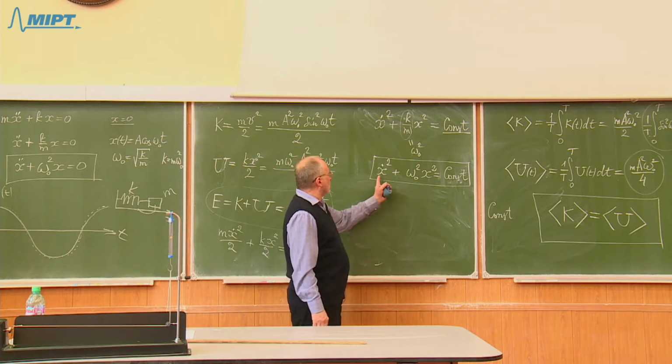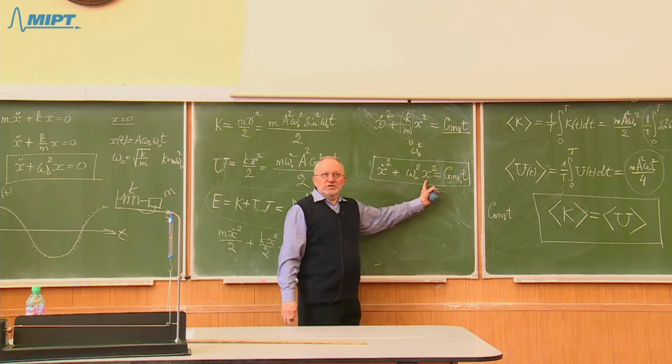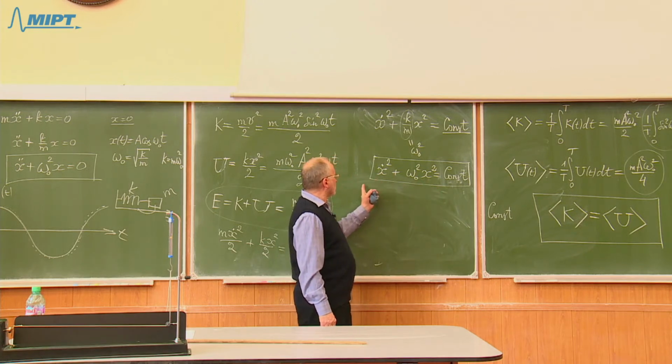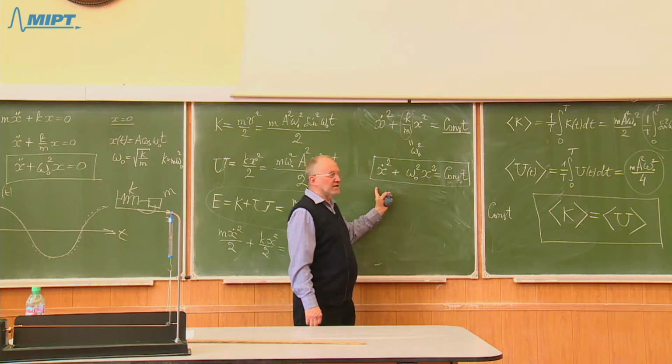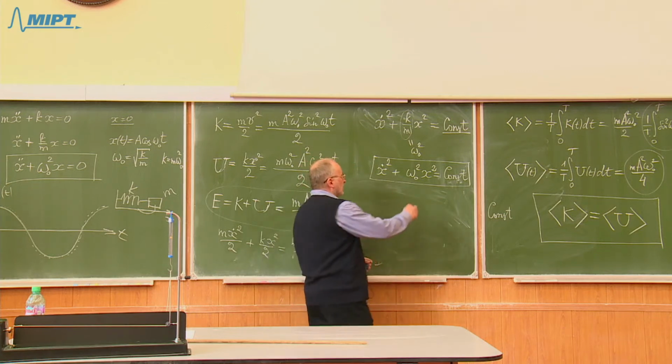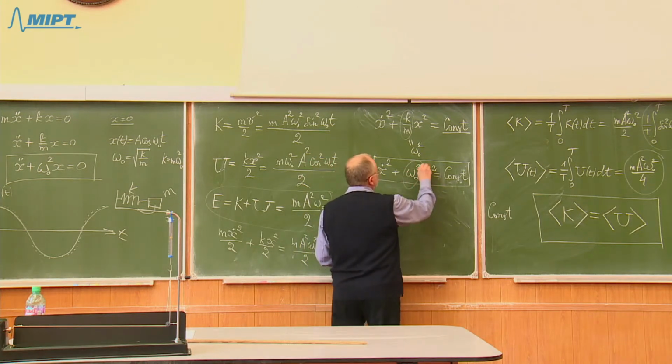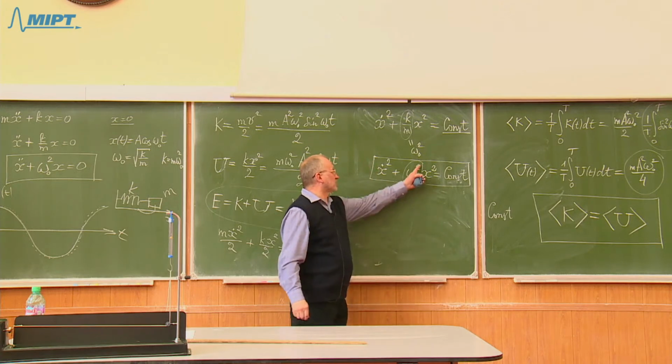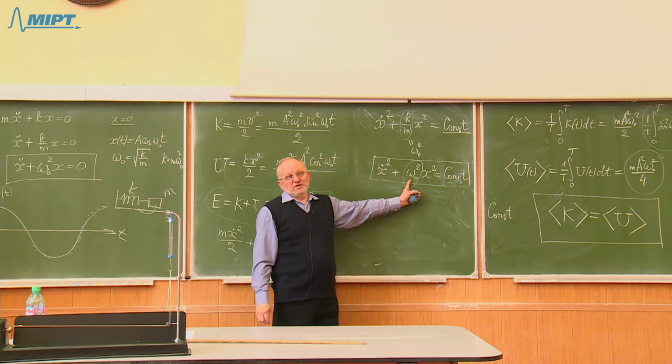I can use kinetic and potential energy, and I can arrive at this equation, and then I can see that the coefficient at the second term will give me the square of the vibration frequency.